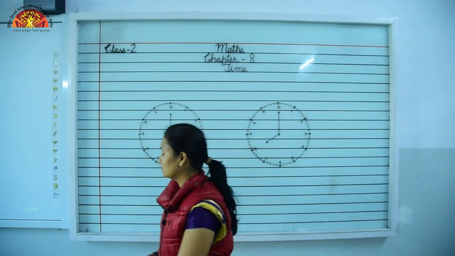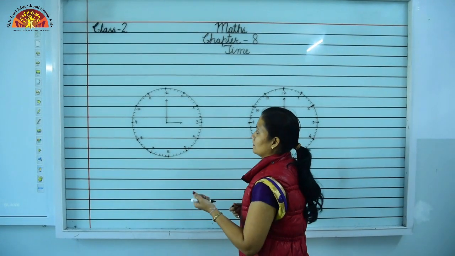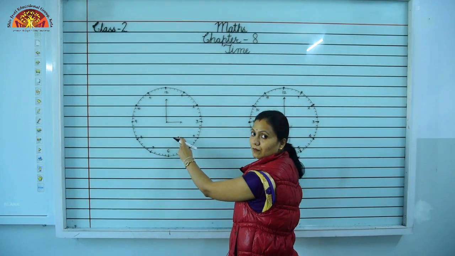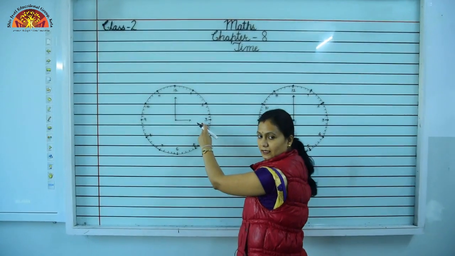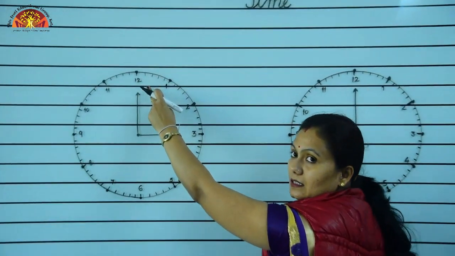Why? Because the hour hand is at 6 and the minute hand is at 12. Now look at the board. Here you can see the hour hand is at 3 and the minute hand is at 12.